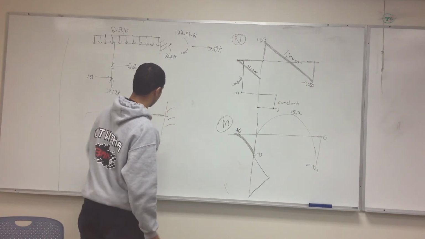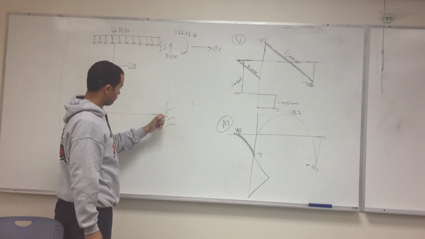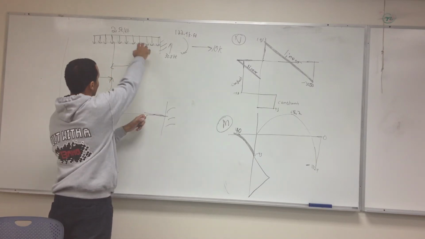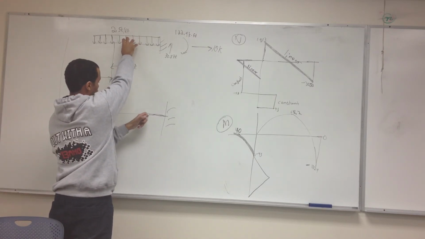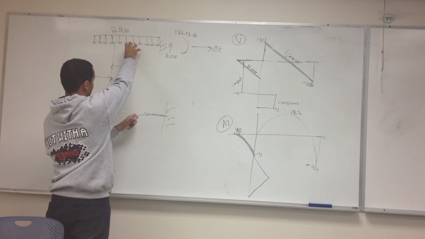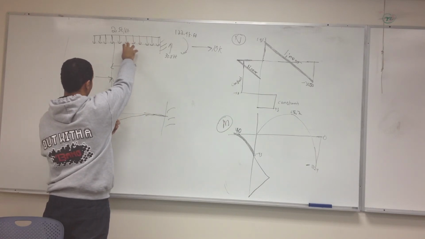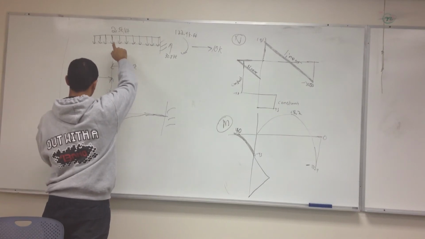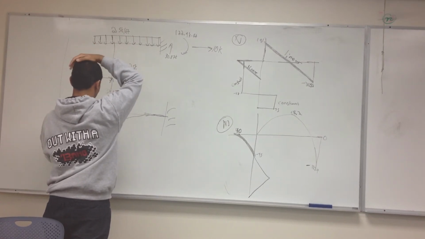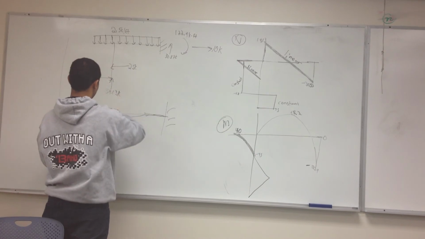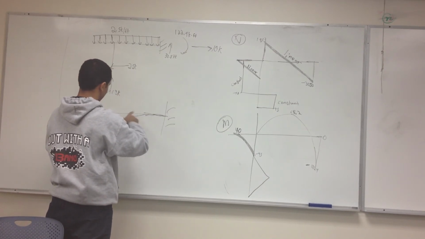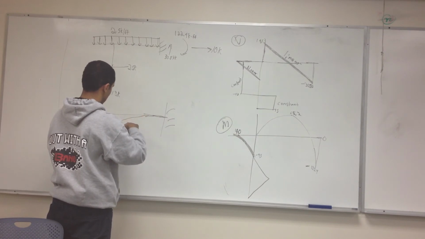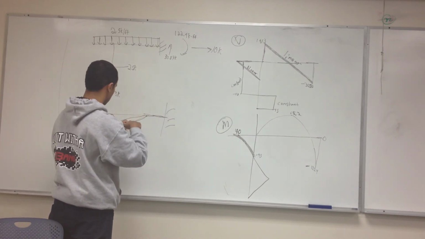Since this is fixed over here, we know that from here it is going to be straight, but we have this shape of load, so it will bring it down. And we have the cantilever, which will bring it down again. It will be something sort of like a swag like this.